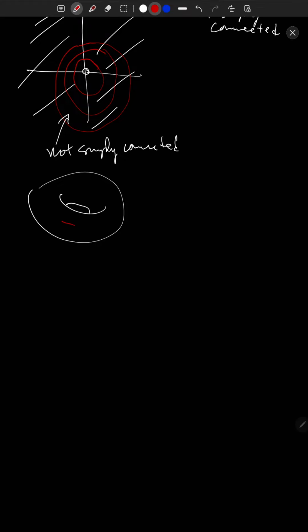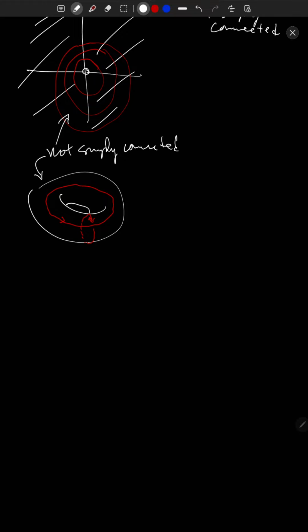This loop right here that goes around the donut, you can't deform it so that it shrinks to just a point. And then there's another loop over here going in the transverse direction, which cannot be deformed away. So this is in a way doubly not simply connected.